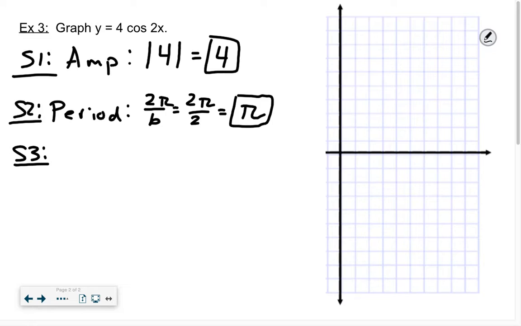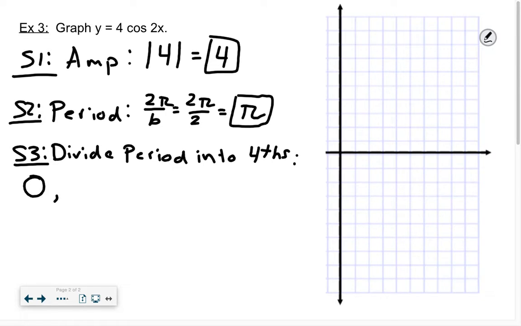Step number 3, take our period and divide it into four. So we start at 0, we'll end at our period, which is pi. And notice what's my coefficient here? 1.